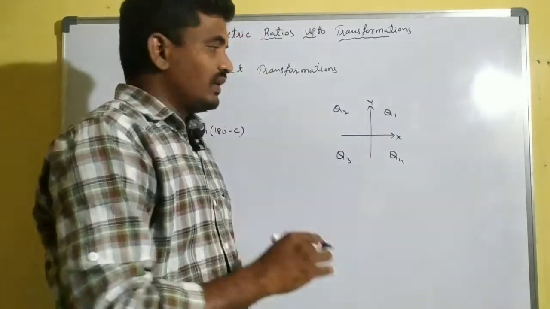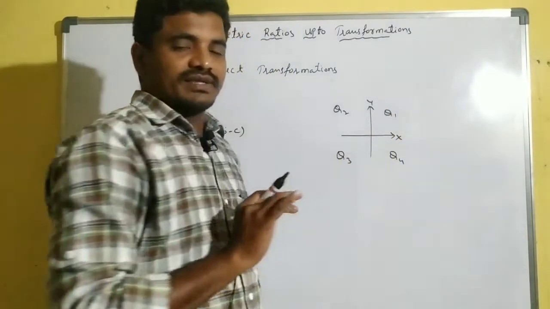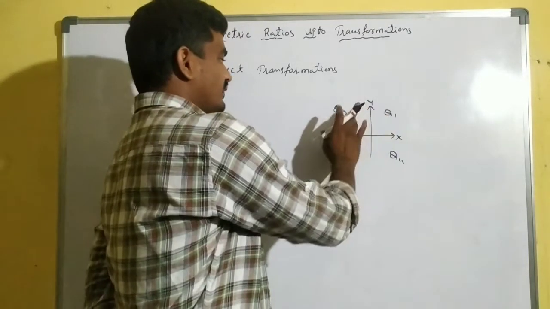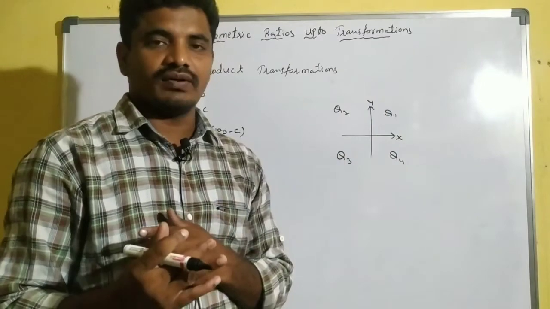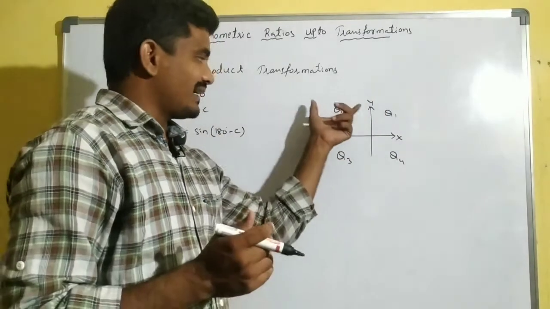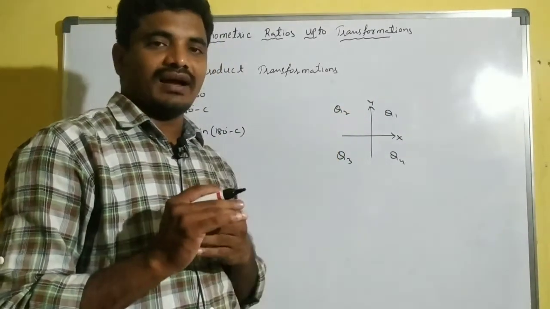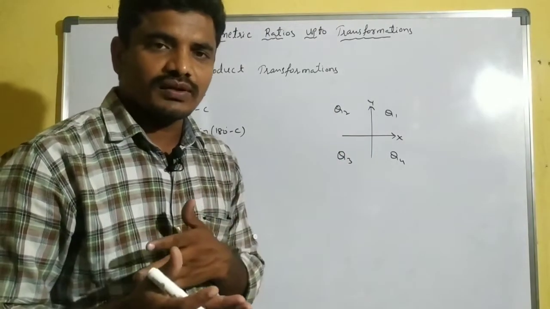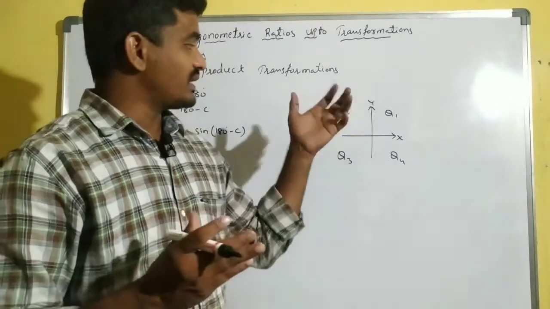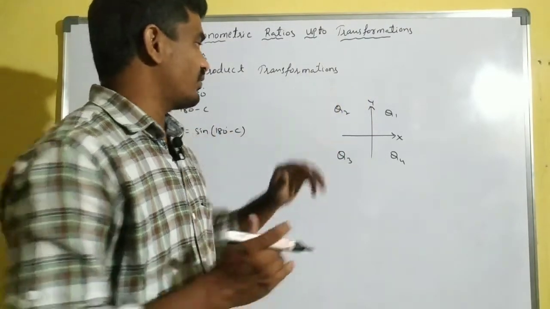Taking the Y-axis here, in this we use "All Silver Tea Cups". That means in the first quadrant all ratios are positive. In the second quadrant, silver means sine and its reciprocal, which is cosec. Cosec and sine are positive in the second quadrant.